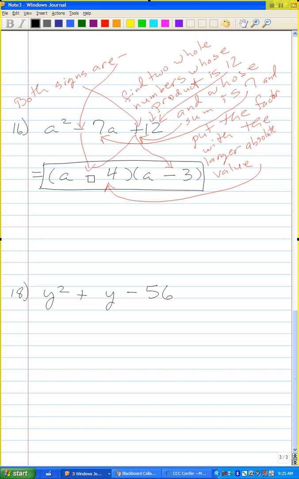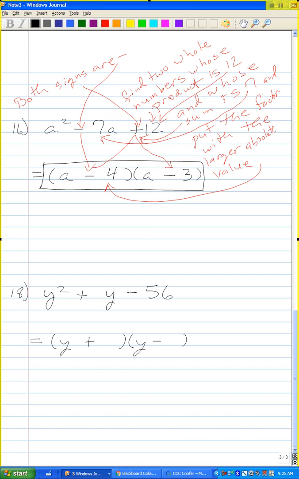I have a minus, drop down the minus, times plus is minus. I want to find two whole numbers whose product is 12 and whose sum is 7, and put the larger factor, 4, first. Okay. So I have here y squared, so I'll put y, drop down the plus, times minus is minus.